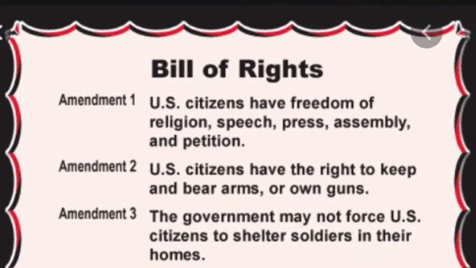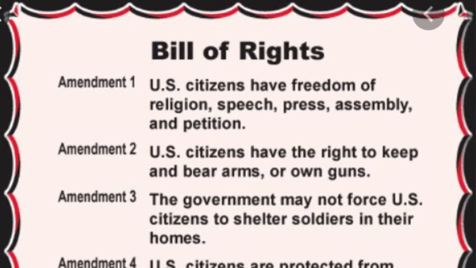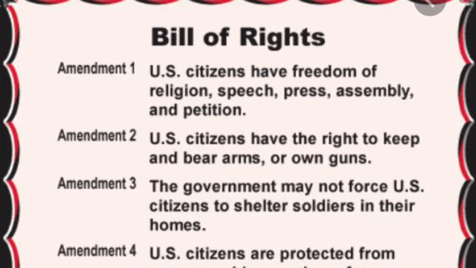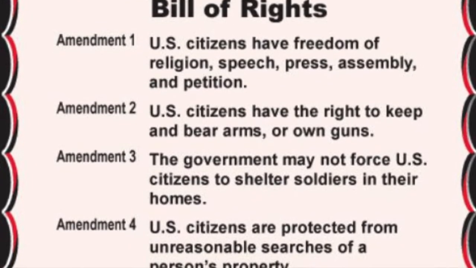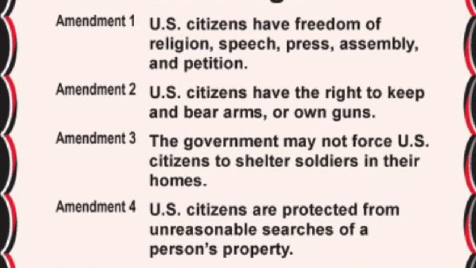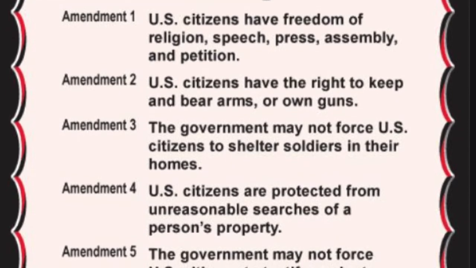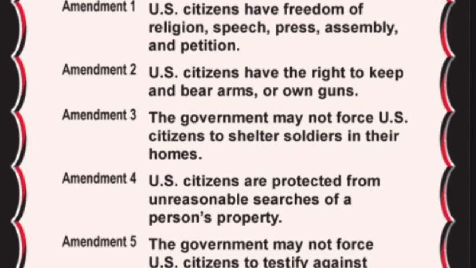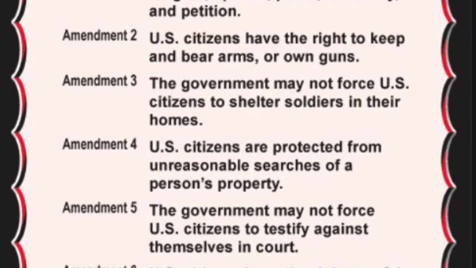What it is doing, see, your privileges and immunities are laid out in the Bill of Rights. Amendment 1, Amendment 2, Amendment 3, 4, 5, 6, 7, 8, 9, and 10. The federal government can't take away your rights because the Bill of Rights says it can't. That is called incorporation. You incorporate the Bill of Rights into the state governments.